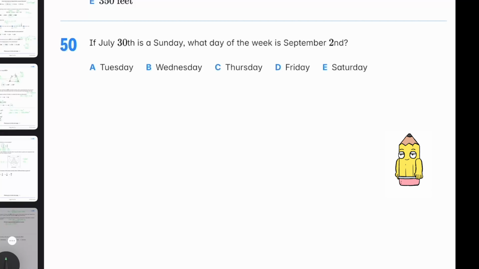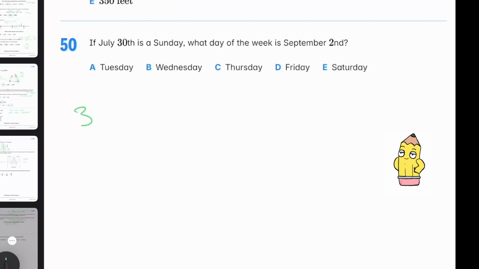If July 30th is a Sunday, what day of the week is September the 2nd? So let's start by finding the total number of days from July 30th to September the 2nd. And we need to add together the number of days between July 30th and the end of July, and the number of days in August, which is 31, and then 2 days in September.